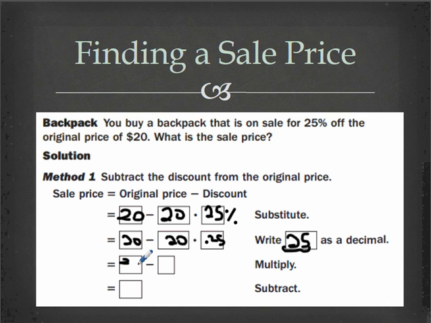Now I'm going to bet most of you have a different way of doing this, or you cut some steps when you're at the store trying to figure this out, but we're going to work it this way for a moment, and then we'll go through some of the other ways. So 25% of $20 is going to be $5. So 20 minus 5 is going to be 15.